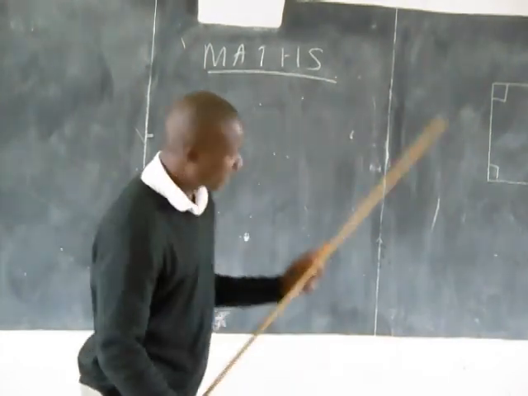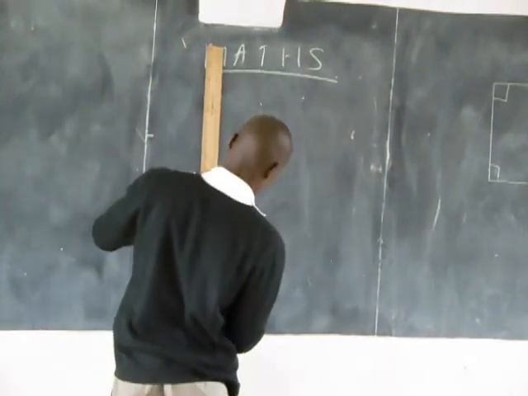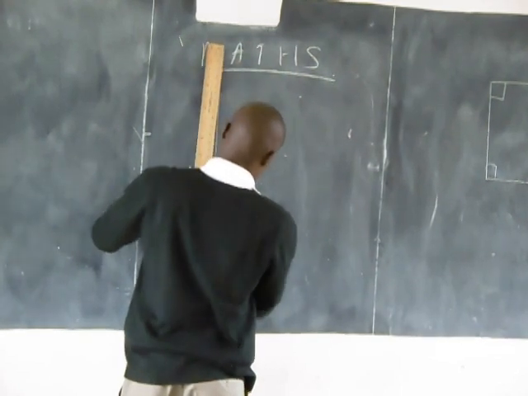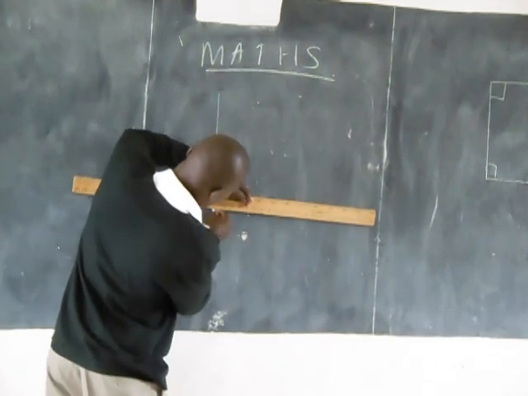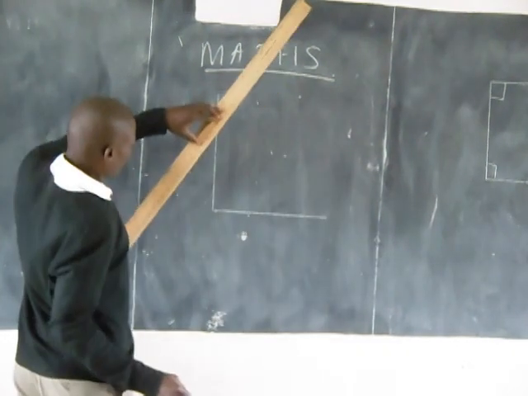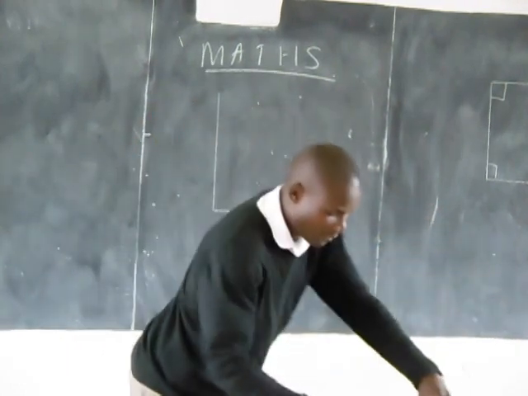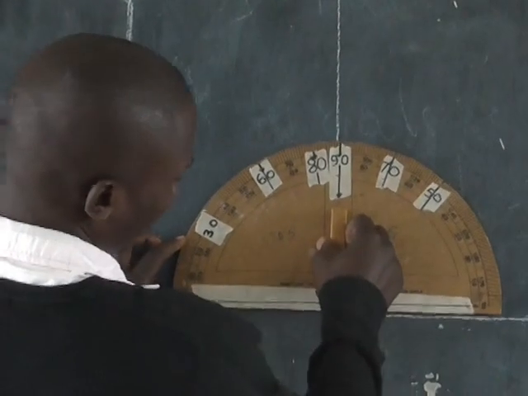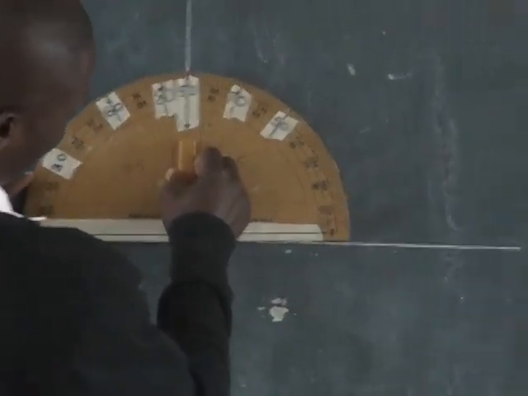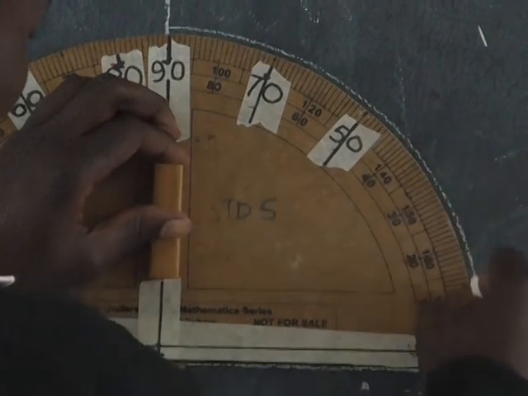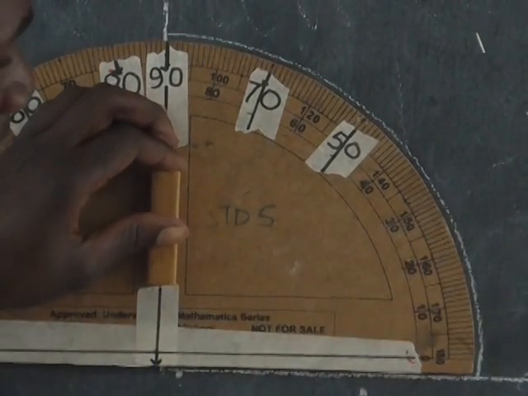Which means that if I draw it here, and now, if I measure this using my protractor, I'll get exactly 90 degrees, which means from this point to this point is 90 degrees.